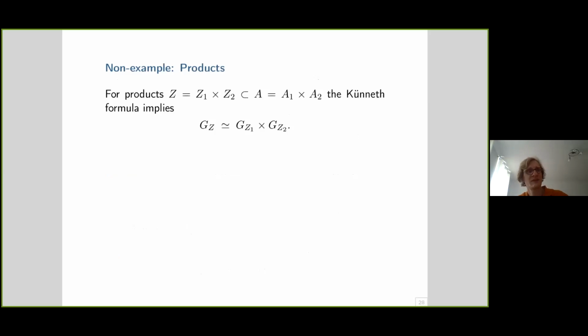And before I come to the assumptions, I want to show you a trivial non-example again. Namely, if you take a product of two subvarieties.